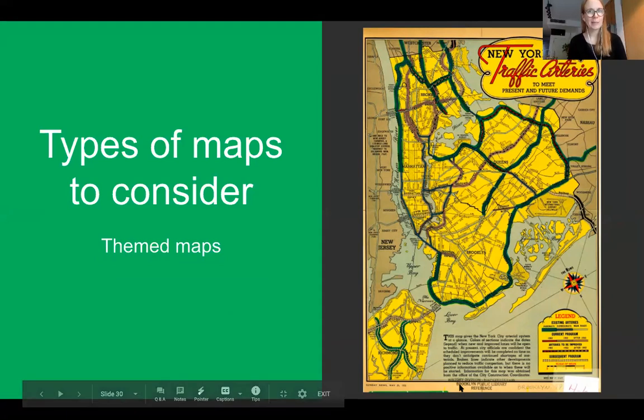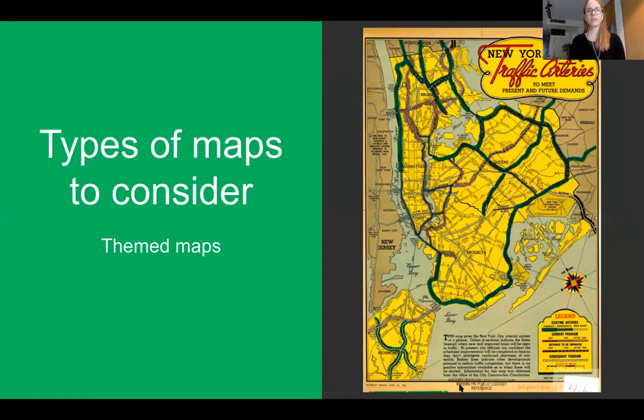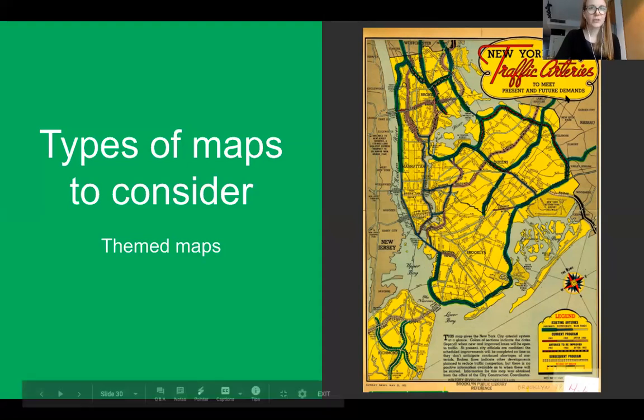This is a map that really relates to a specific topic. It's a map that was designed to show major traffic arteries in New York City. This is clearly not showing absolutely everything. It's not showing the buildings like it did on our last map, but it's showing us issues around traffic that we can then have conversations about.